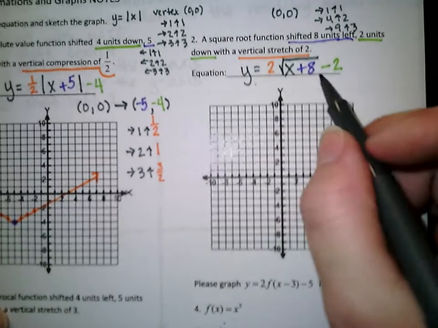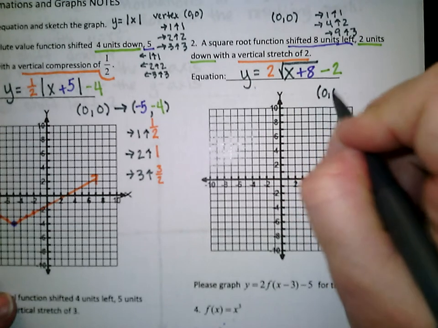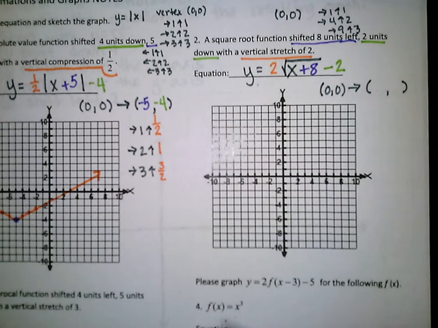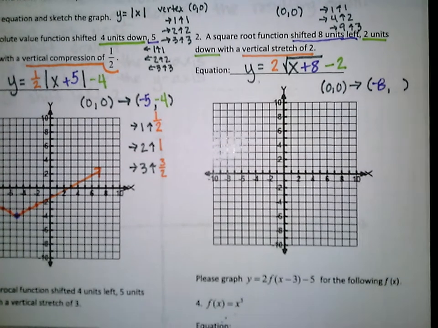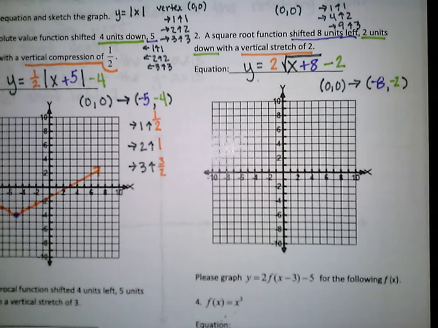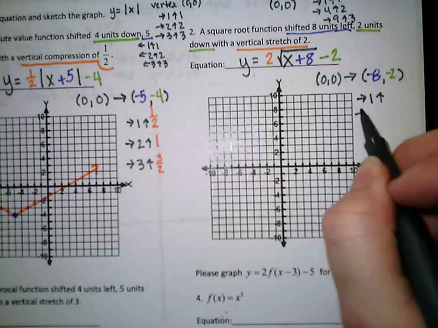So I'm going to start by shifting 8 units left, 2 units down. So my start point, instead of being 0, 0, is now going to be 8 units left, so -8, 2 units down, -2. And then my pattern, I have a vertical stretch. So I'm going to go over 1. The ups are going to change.